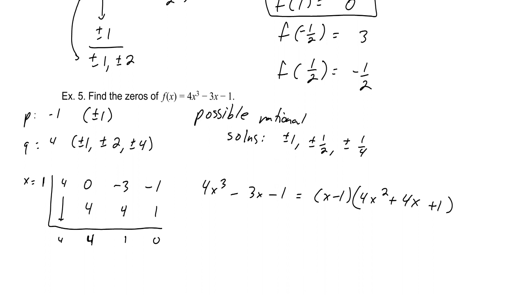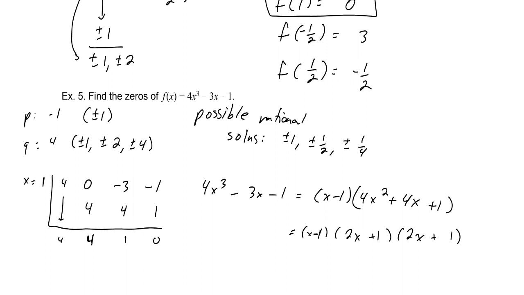We could solve the second by the quadratic formula, but I have a feeling that this factors. So let's go with x minus 1, and we're going to have a 2x there, plus 1 and plus 1.